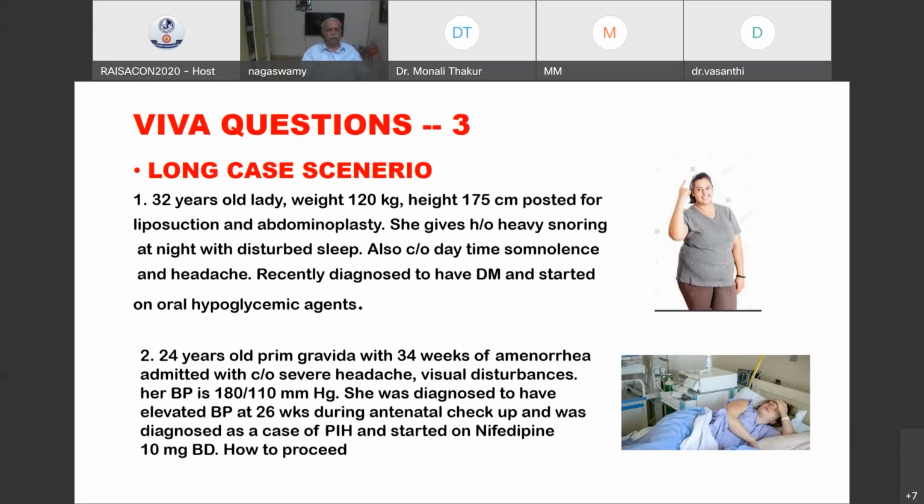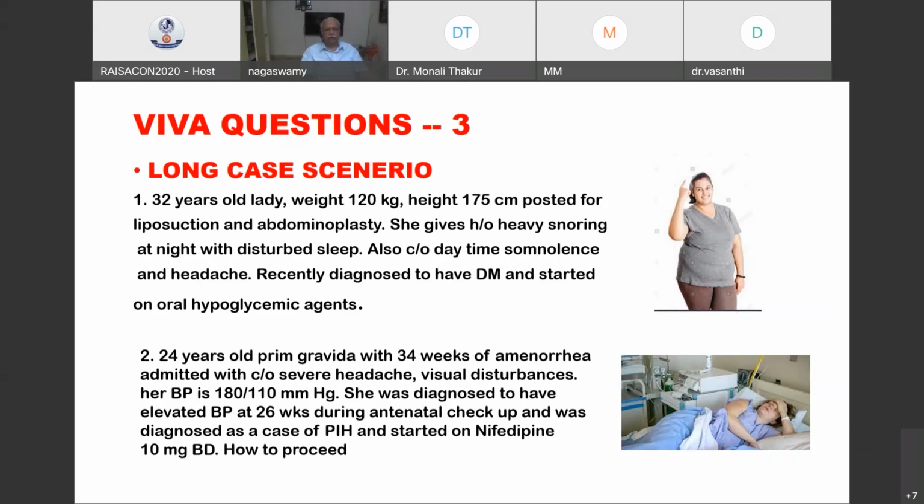So how do you proceed to evaluate this lady? What challenges will you face due to the obesity per se, secondly due to the OSA, and thirdly due to the DM? How do you go about it? There will be anticipated difficult airways.